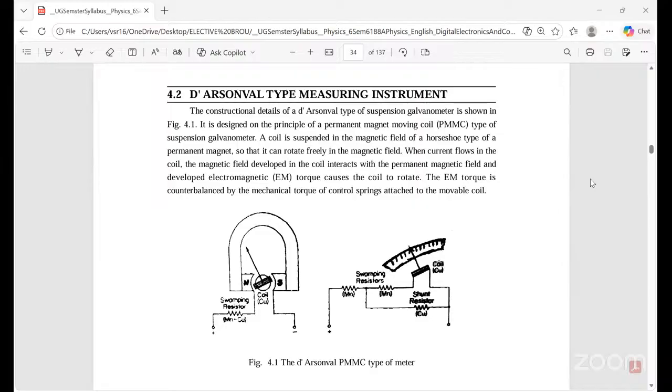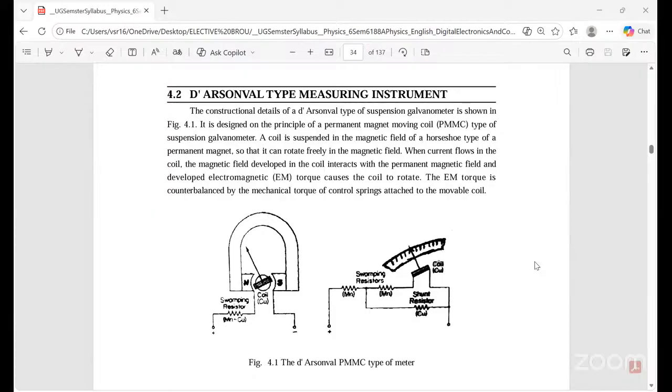The use of the galvanometer is to measure sensitive current. For a few milli to micro ampere of current, you use the ammeter to measure the current. But for less than that, for a sensitive current, you use the galvanometers.